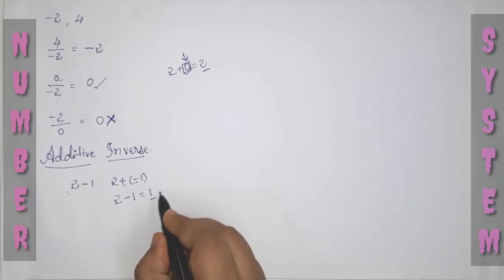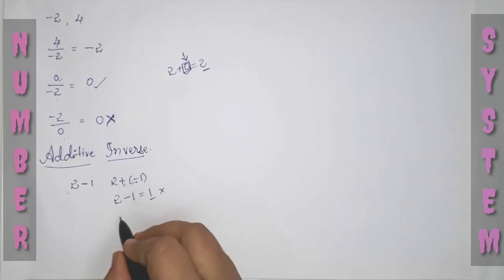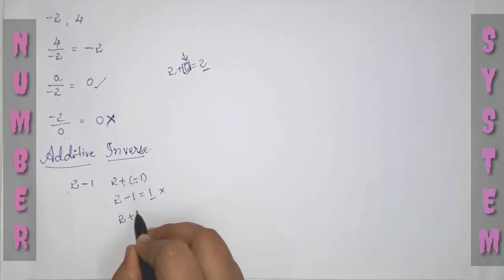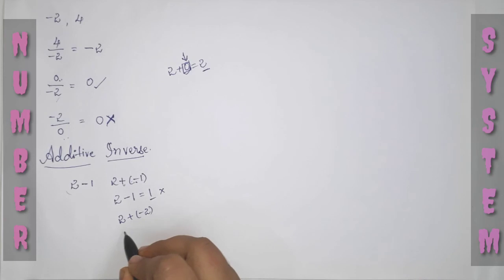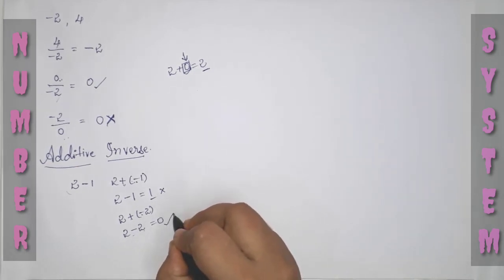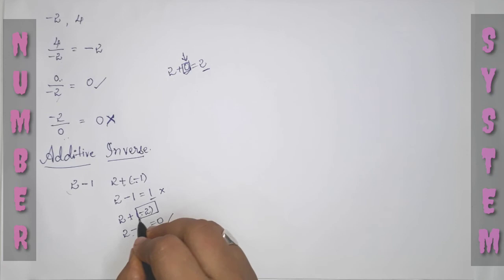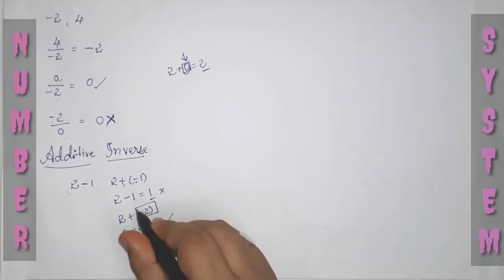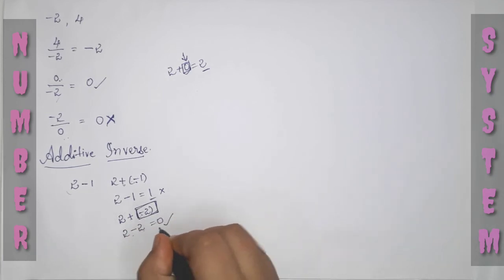So we didn't get 0, no. Next, what do I have to add? Minus 2. So 2 plus minus 2 is 2 minus 2, how much? 0. When did you get 0? When you added minus 2. For 2, when you added minus 2, you got 0.